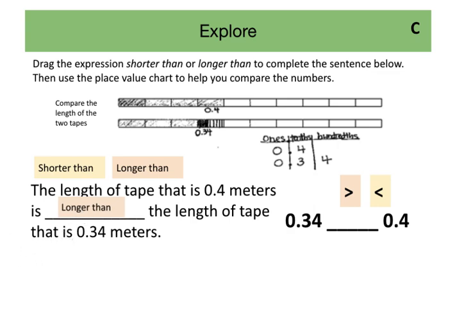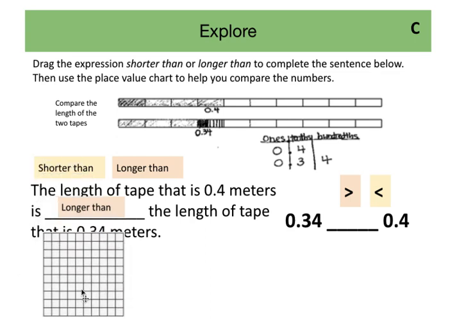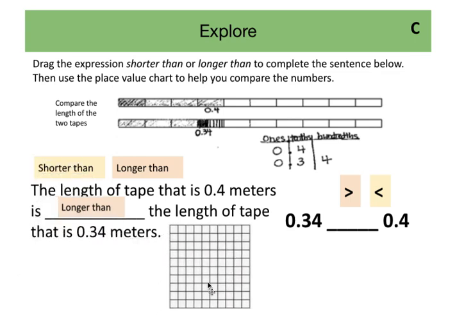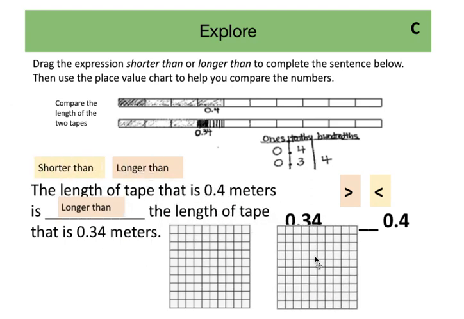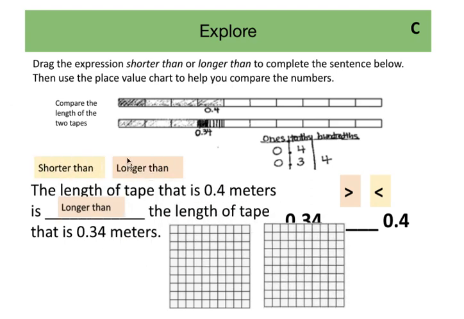Well, let's use some 100 charts to model this. If we shade in 4/10, we would shade in 1 column, 1/10, 2/10, 3/10, 4/10, right? That represents 4 out of the 10 columns shaded.